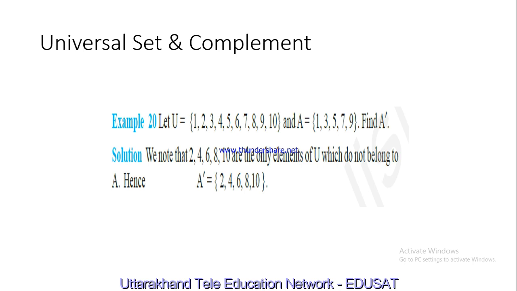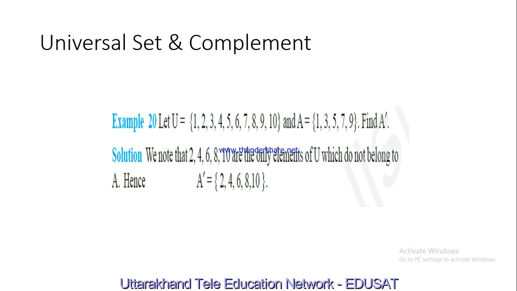Again, a set A has been given which has 5 elements, all of them are odd digits: 1, 3, 5, 7 and 9. What will be A dash? So A dash, again A dash means the A complement. The complement of A will be all those elements which are there in U but they are not part of A, which means 2, 4, 6, 8 and 10.